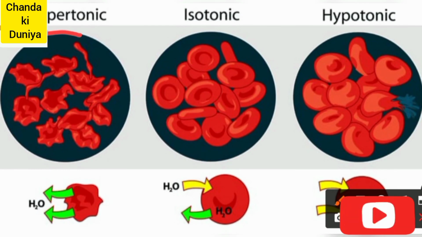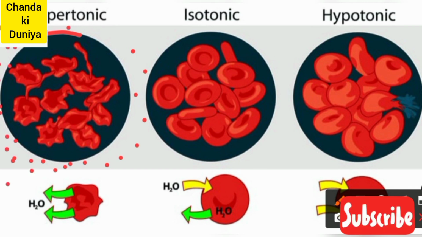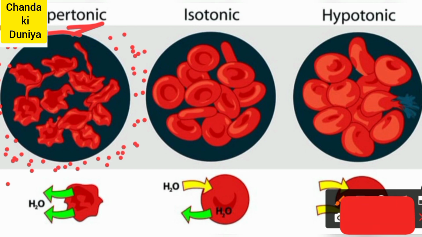Now let's talk about hypertonic. Hypertonic means the amount of solutes outside the cell is higher than the inner side. Tonic means solute, and hyper means higher in amount. So the amount of solutes outside the cell is higher compared to the inner side.